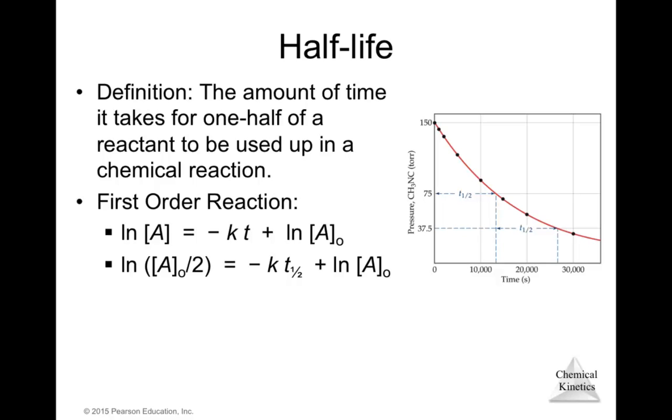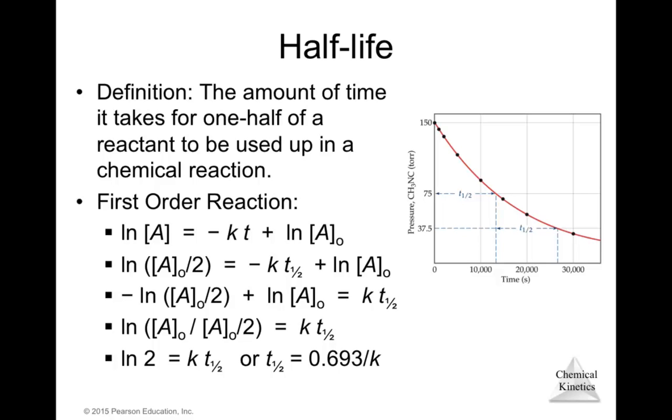Now we can do some rearrangement, and at the end we have this expression: the half-life for a first order reaction is equal to 0.693 divided by the rate constant. That means that the half-life is related to the rate constant.